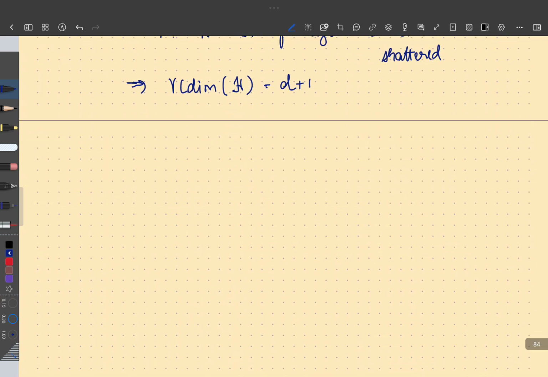Okay. So far we've seen that the VC dimension is d plus 1 for linear classifiers.